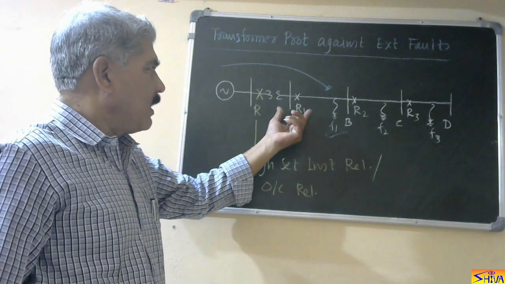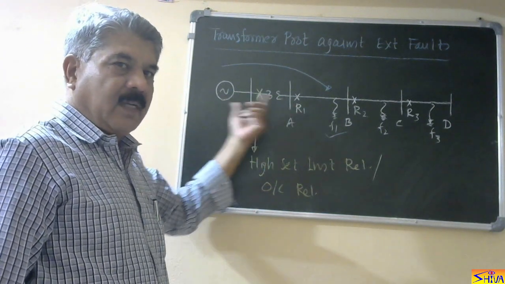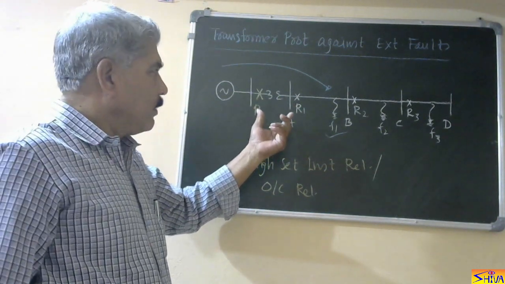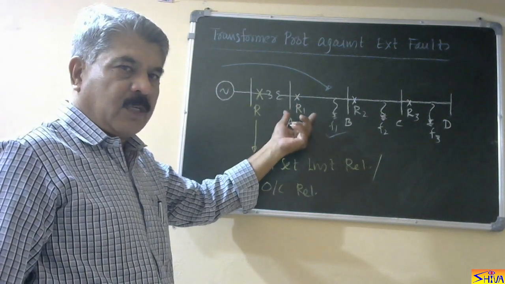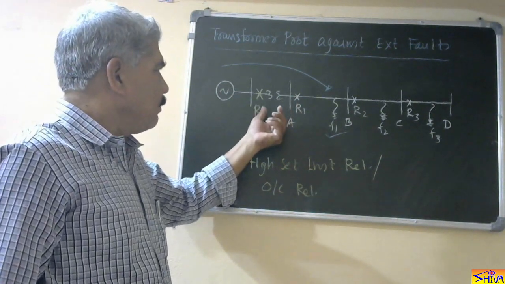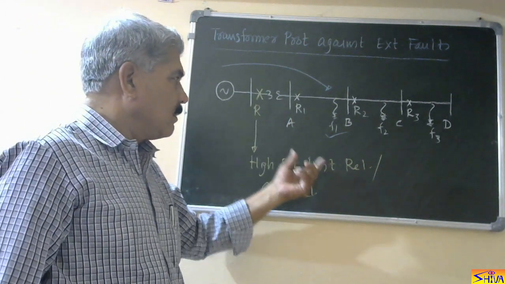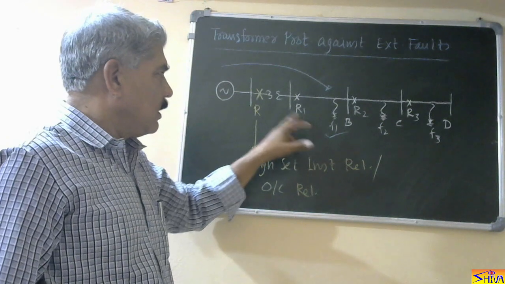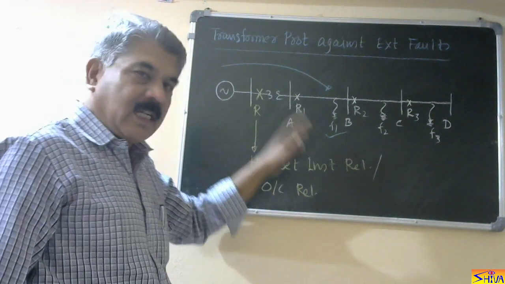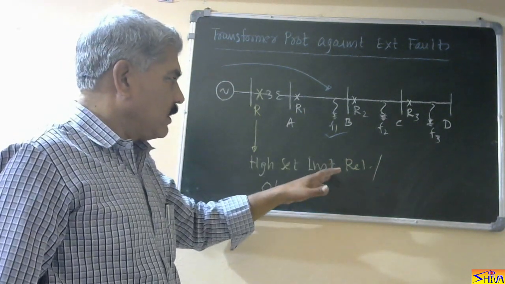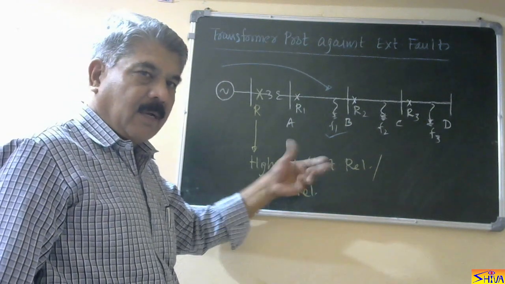Because it is providing backup protection to R1. R1 is near the generator, so here the fault current is heavy, so its pickup is already high. So we have to keep the pickup of this relay high, and instantaneous, because it has to be coordinated with this in terms of current. So it is instantaneous and the pickup is high.